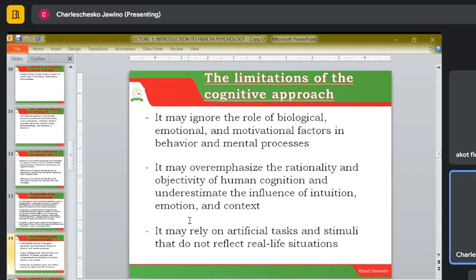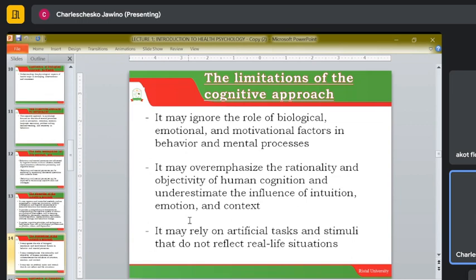We have cases whereby someone tells you, I'm not in the mood, I feel like doing this and this. Such emotional changes, the cognitive approach tends to neglect. We know emotional changes can so much determine our behavior, the way we think, the way we reason. They can make you forget something.